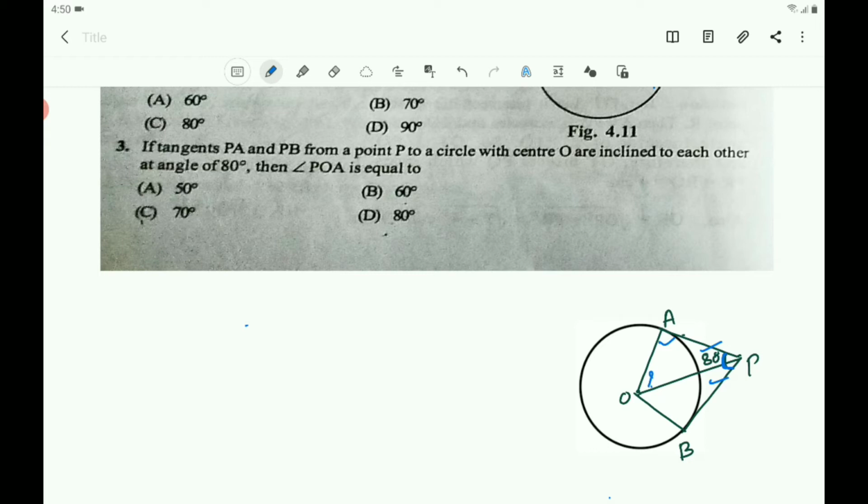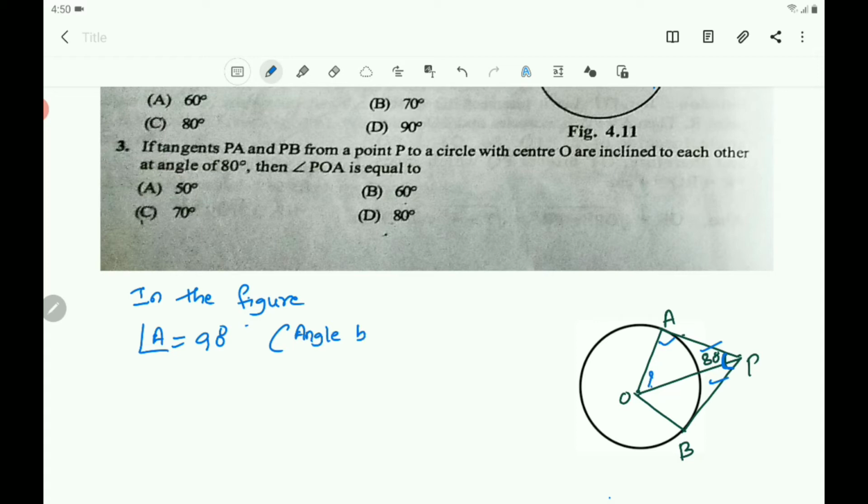So in the figure, you write angle OAP, or otherwise only one angle is there at that point, so you can write angle A. Angle A equals 90 degree. The reason is that you know, the angle between tangent and radius through the point of contact.